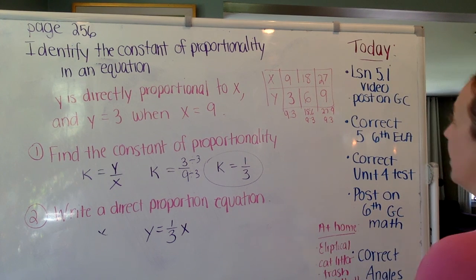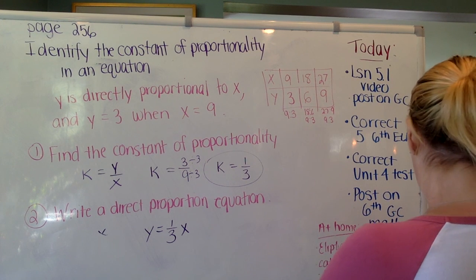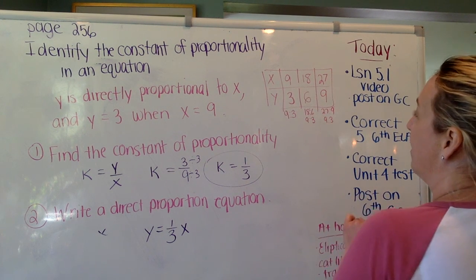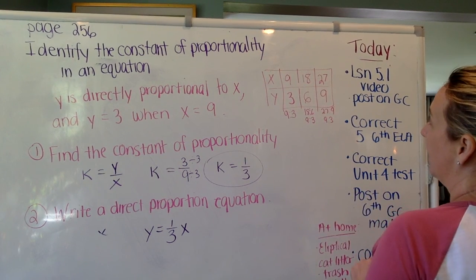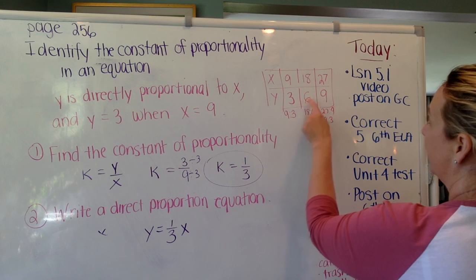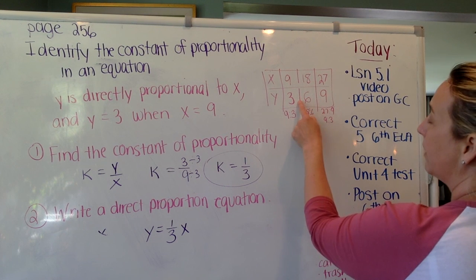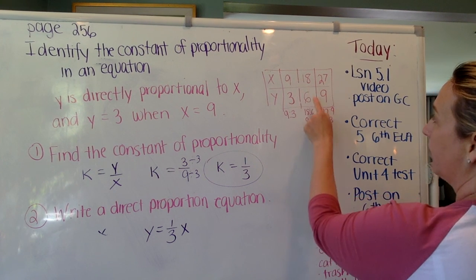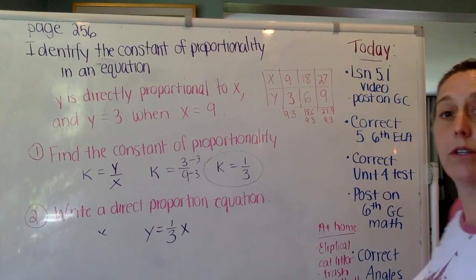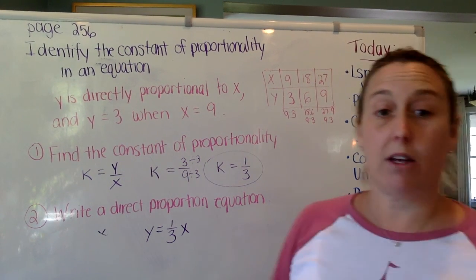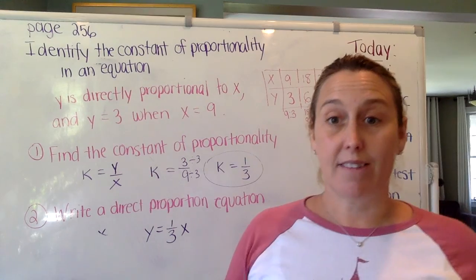And you can see in the relationship here as well that we're seeing 9, 18, 27. And at the same time, we're seeing 3, 6, and 9. Well, 3 is 1/3 of 9, right? 6 is 1/3 of 18. 9 is 1/3 of 27. That's why the constant 1/3 makes sense.